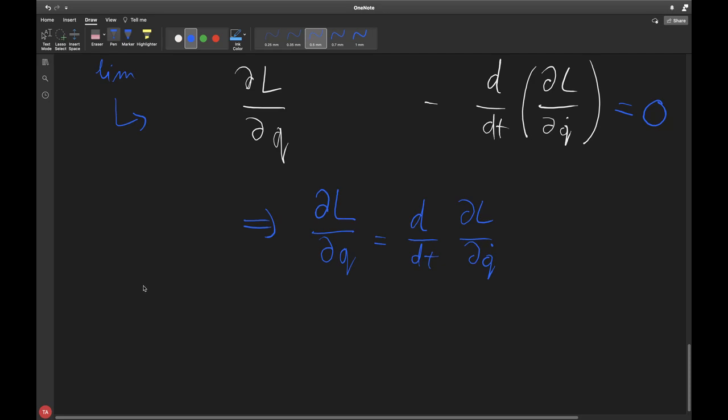So this is called the Euler-Lagrange equation. And if it is true, then the action is minimal, or the least.